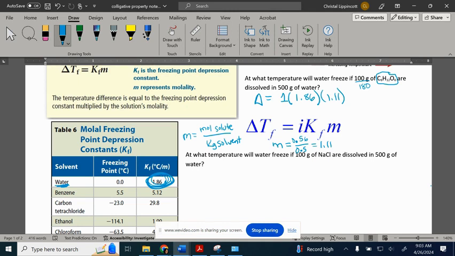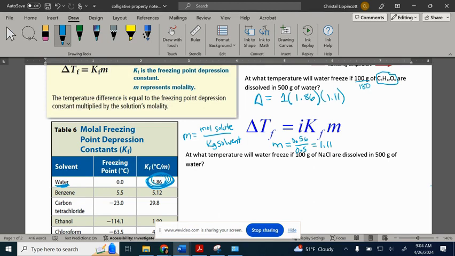The molality then is little m. I need to have moles of solute. So moles of solute is going to be 100 divided by 180 because that's the molar mass of glucose. So that gave me 0.56. And that's divided by kilograms of the solvent. So I took 500 and divided by 1,000. And that gave me 0.5. Right. So I'm going to divide those, and that's going to give me my molality.